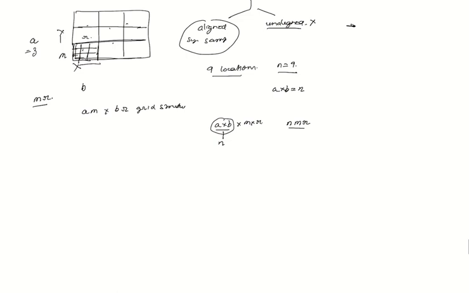For example, the I coordinate will be 1 all the way to R, and then the second one is going to be R plus 1.